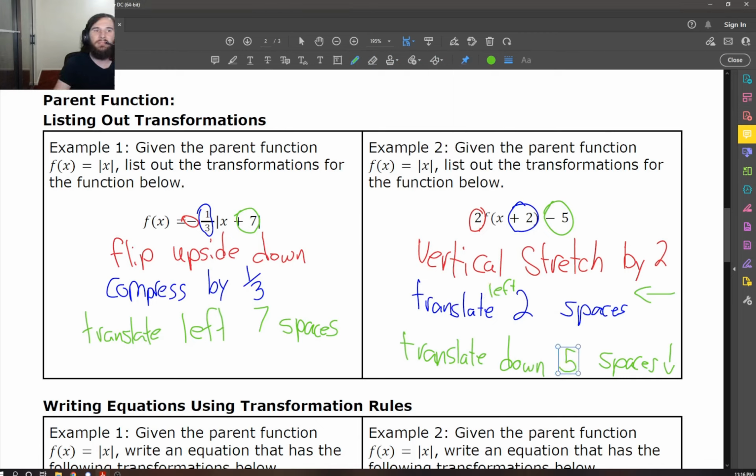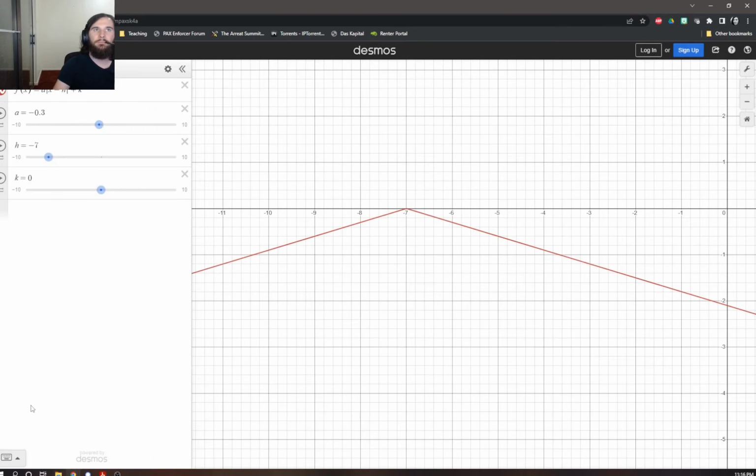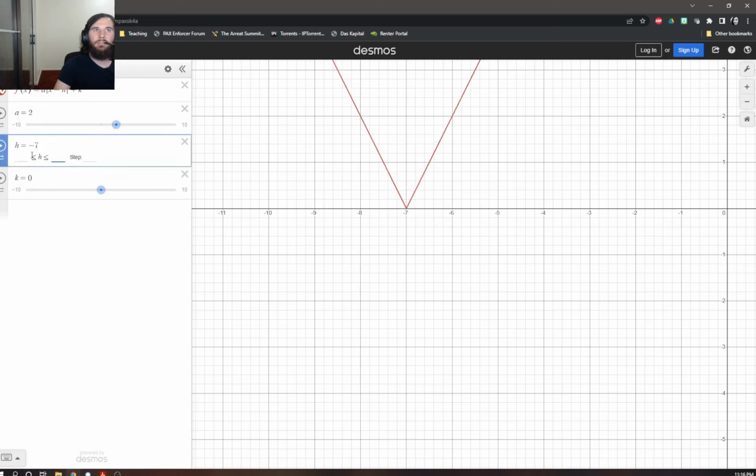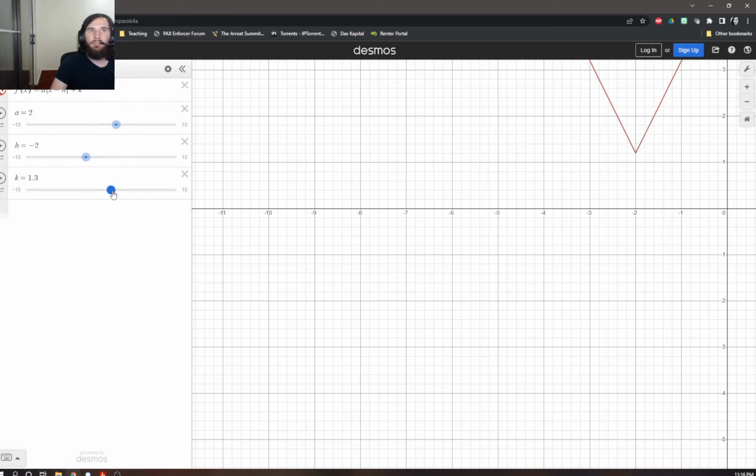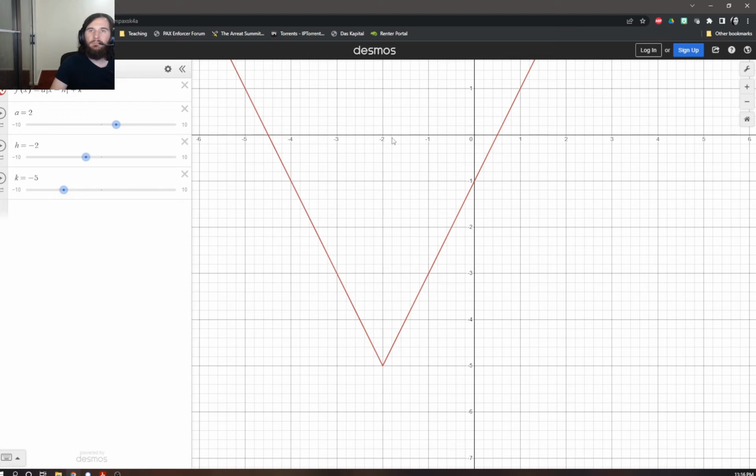Translate down 5 spaces. And let's double check it. So we're going to make A be positive 2. So there's our vertical stretch, made it skinny. And H is going to be negative 2. So now that's over there, it only slid 2 spaces. And K is going to be negative 5. There we go. Slid to the left 2 spaces, down 5 spaces, and got skinny.